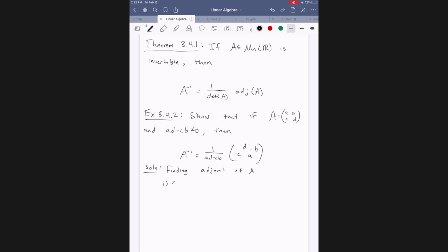We're going to get C11, which is going to equal negative 1 squared times the determinant of D, if we just do the minor stuff, which is going to equal D. C12 is going to equal negative 1 cubed times the determinant of C, so this is going to be negative C. C21 is negative 1 cubed times the determinant of B, which is just going to give me minus B. And C22 is going to be equal to negative 1 to the 4th times the determinant of A, which is just going to be A, right? So we got the cofactors.